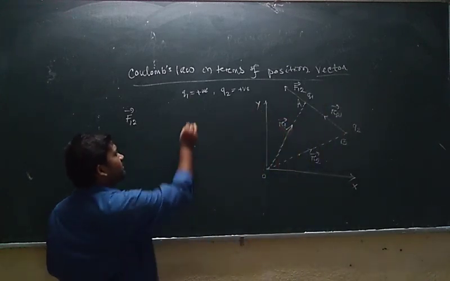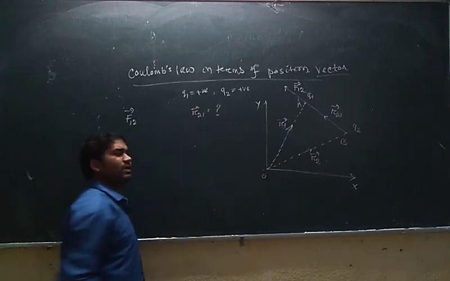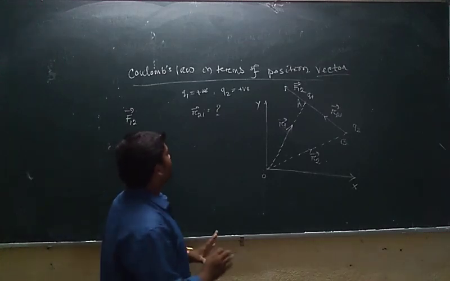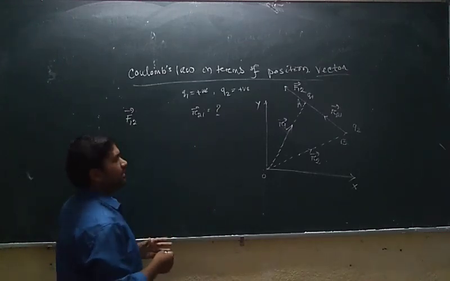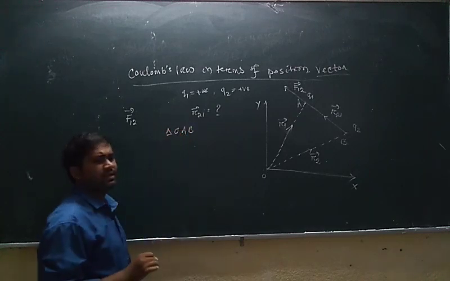So now the question is, what is the value of R21? If you look at triangle OAB, what do you find?